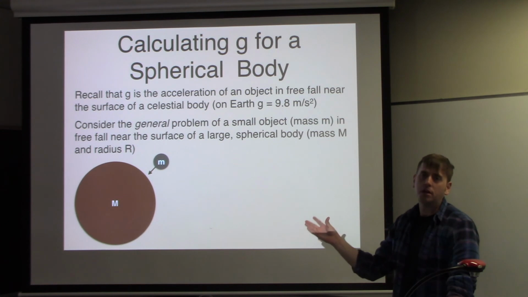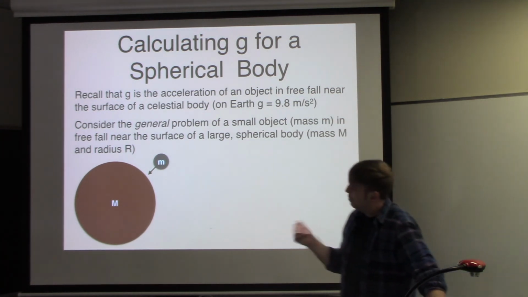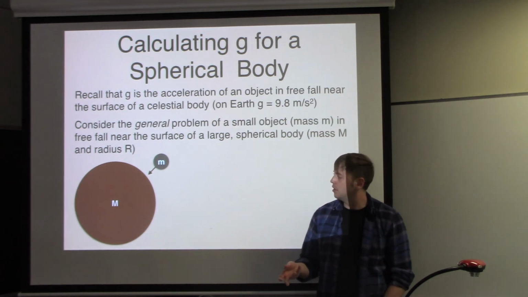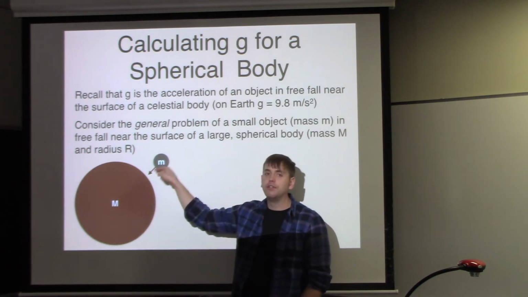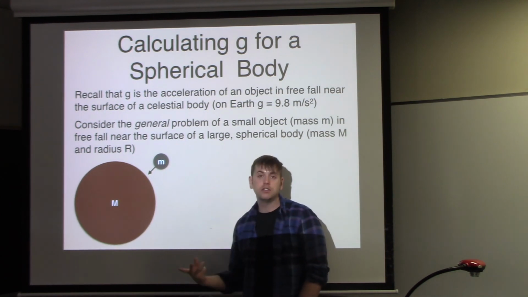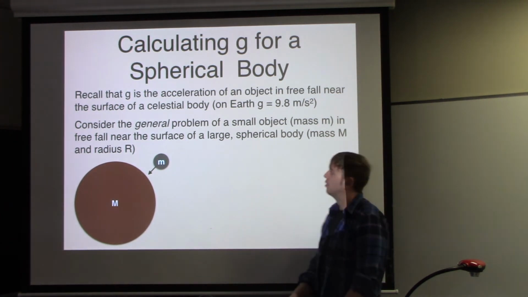We're usually talking about the Earth, in which case g is 9.8 meters per second squared. But keep in mind, we could think about this problem more generally in terms of, let's say, the planet Mars. Maybe I want to know what the value of g is on the planet Mars, or on a different planet, like Venus. We can really just talk about this generally.